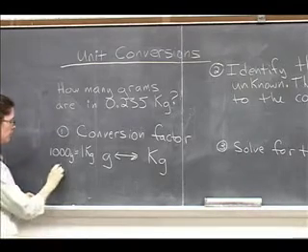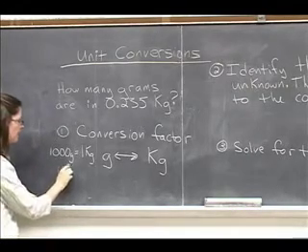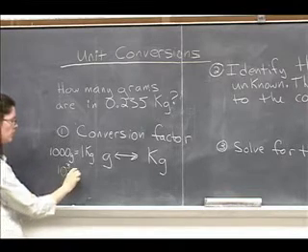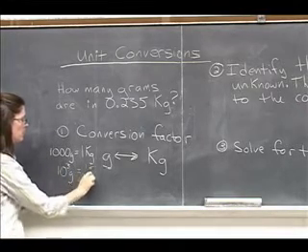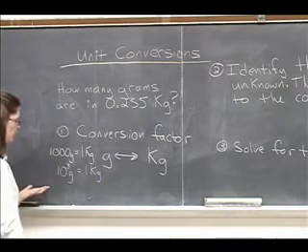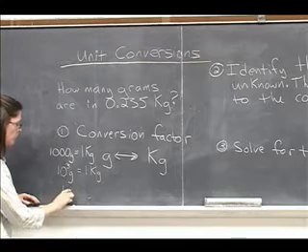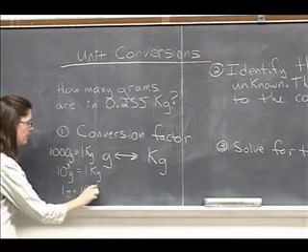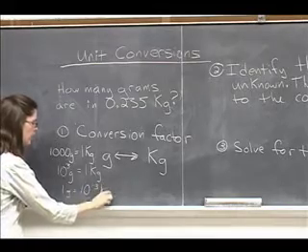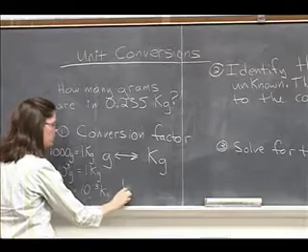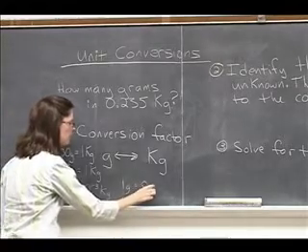This is the same thing as saying 10 to the third grams, or 1 times 10 to the third grams, is equal to 1 kilogram. We can also say that 1 gram is equal to 10 to the negative third kilograms.